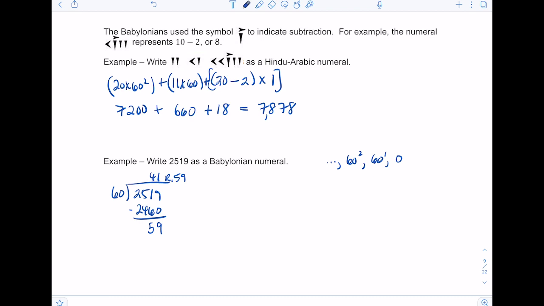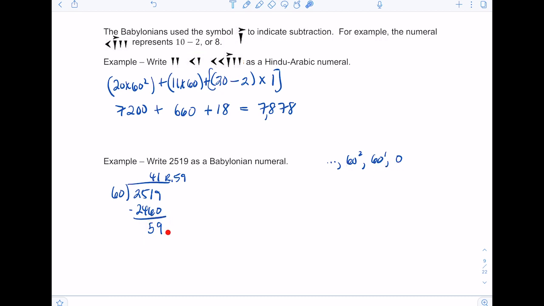Okay, so this just means we can get 41 groups of 60, and this would be the units remaining, 59. Now I'm going to look at my numbers again and see if I can divide any of them into the remainder.